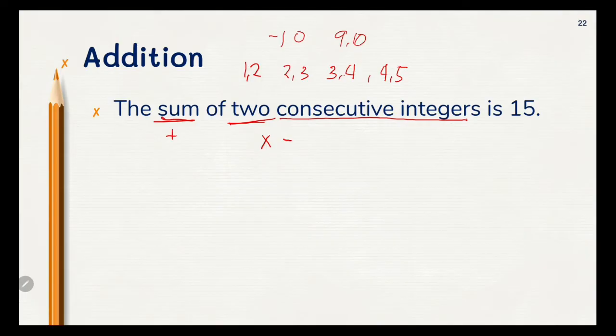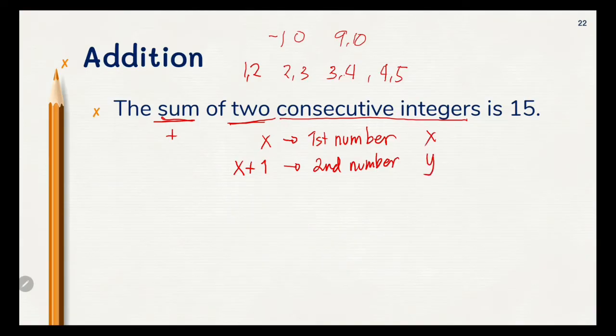I'm going to let x be my first number. So, if x is my first number, if 1, you add one to get 2. If 2, you add one to get 3. So, we simply add 1. So, if the first number is x, my second number is x plus 1. So, this is now my second number. Don't say that this one is x and the other is y.